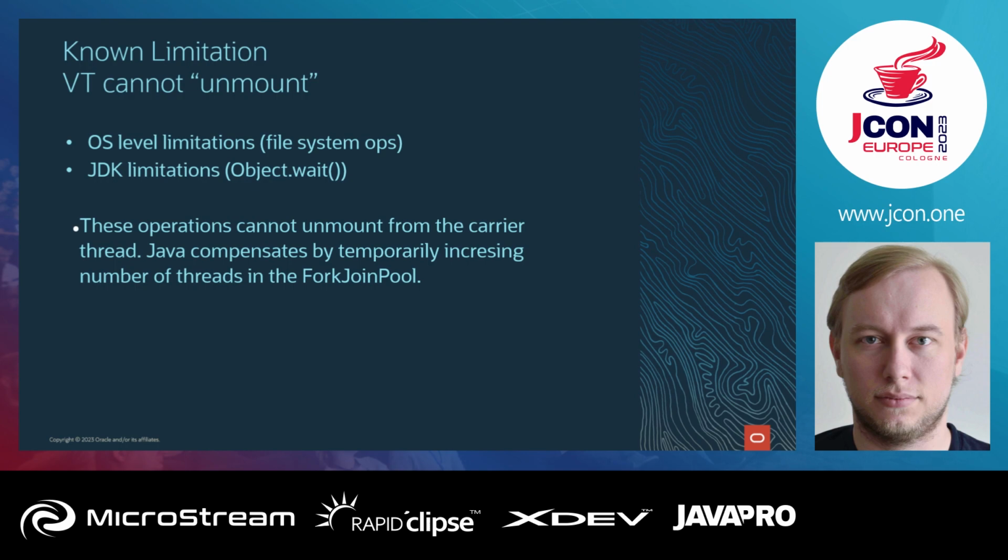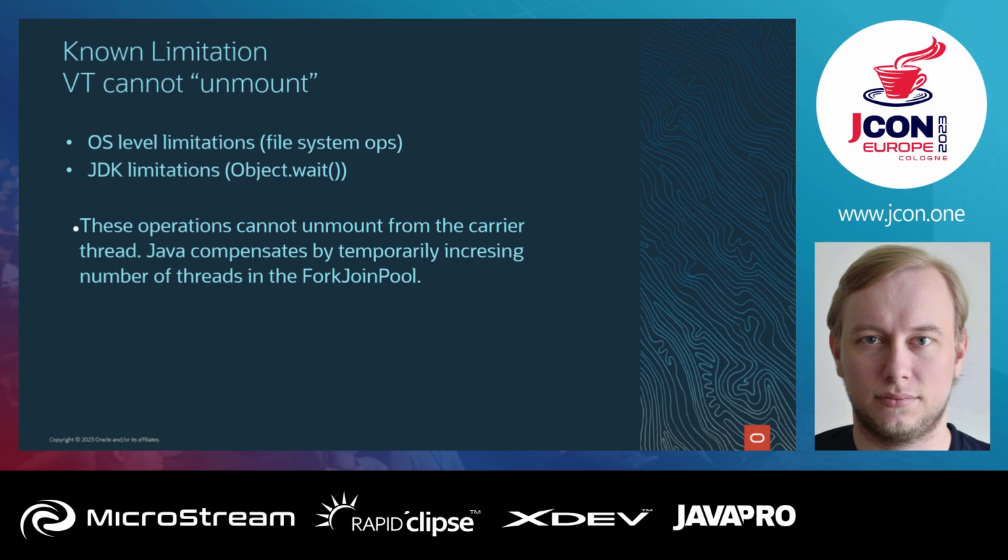For example, if you try to use some operating system level operations such as reading the file or writing the file and stuff like that, this will not unmount the virtual thread from the platform one.